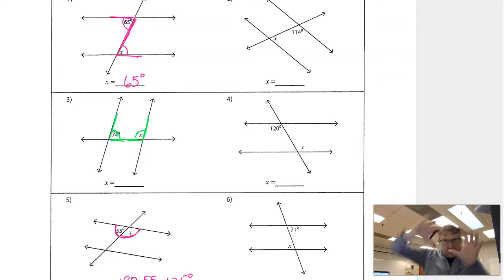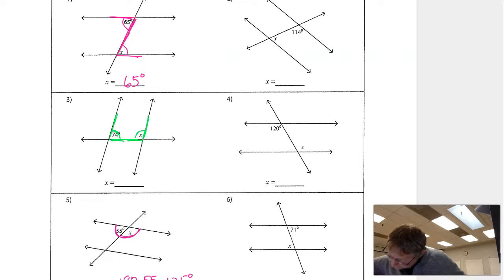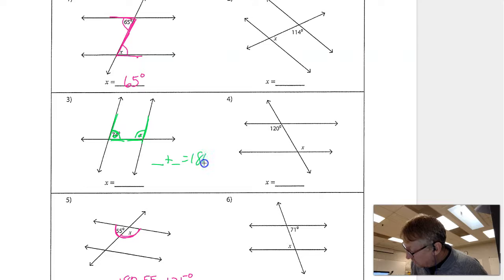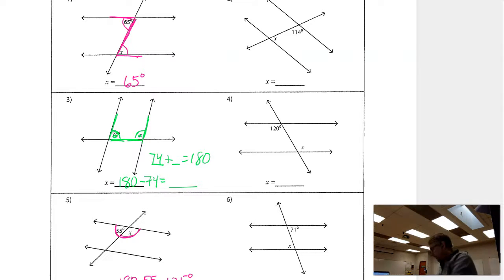It's turned, so you may again want to turn your book to make it look like a C. And we know that in the C angle, those two angles are not twins. They're saying those two angles together make 180. And we know one of them is 74. So again, how do we find angle x? We start with 180, the other angle is 74, and then we can figure out the angle of x.